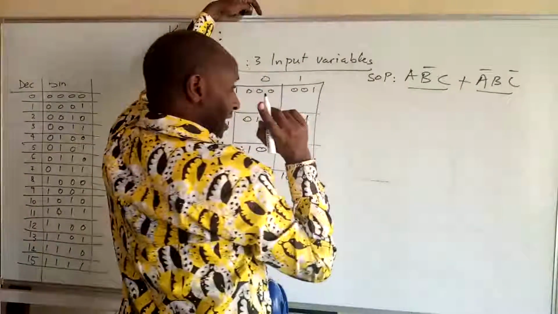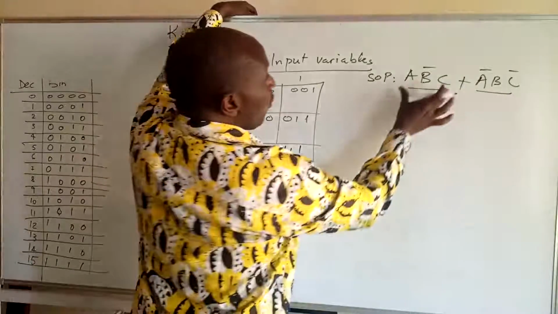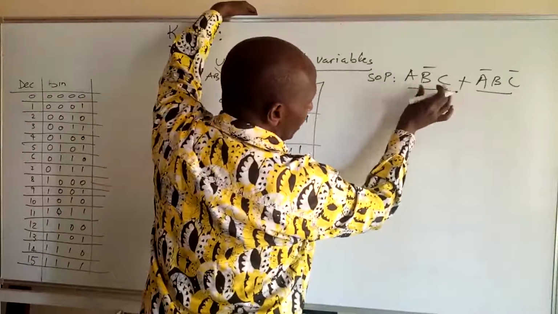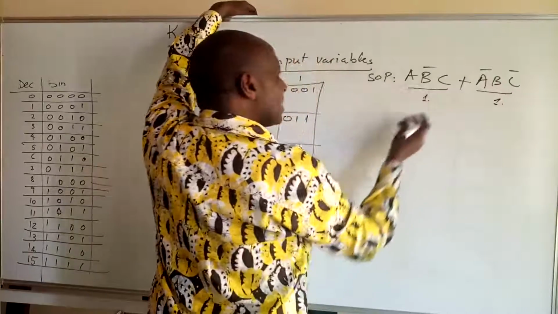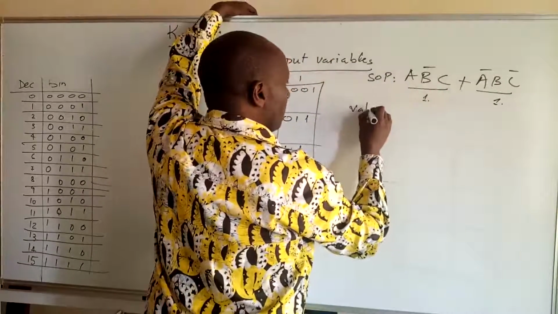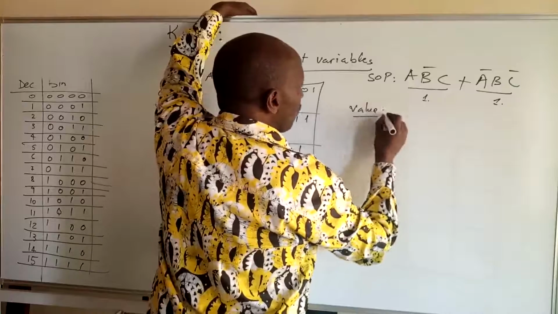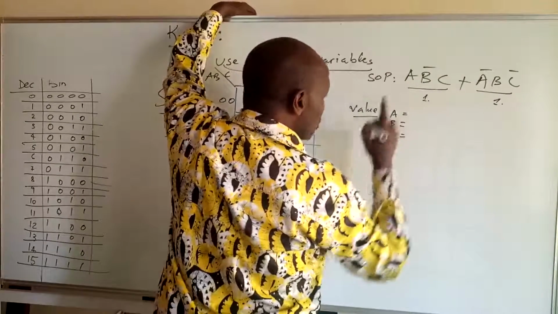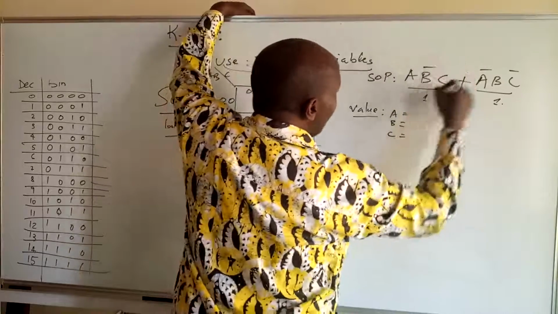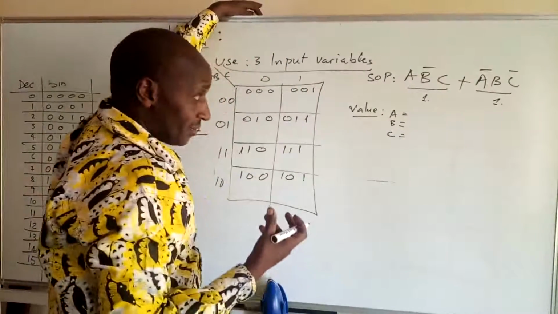Now remember, as we have said last time, one product term should be equal to 1. So what is the value of A, B, C so that this term is equal to 1?